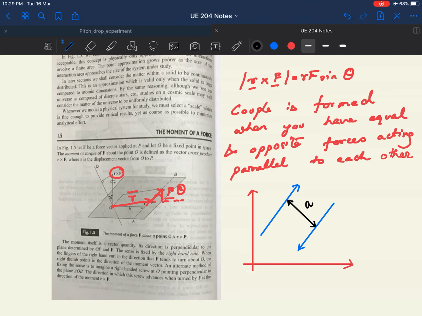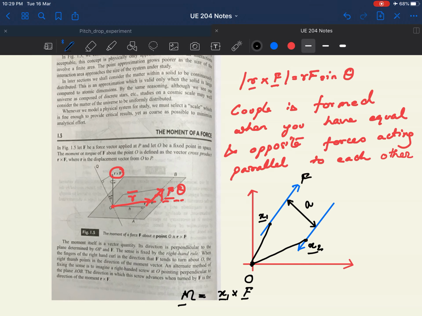This distance is given as a. So, if you wanted to find out, so this is O, let's say. If you wanted to find out the moment of these two forces, then you could just take a couple of arbitrary points. Let's say this is some x1, and here on you could take some other point x2. So, the net moment for this case would be just x1 cross f.